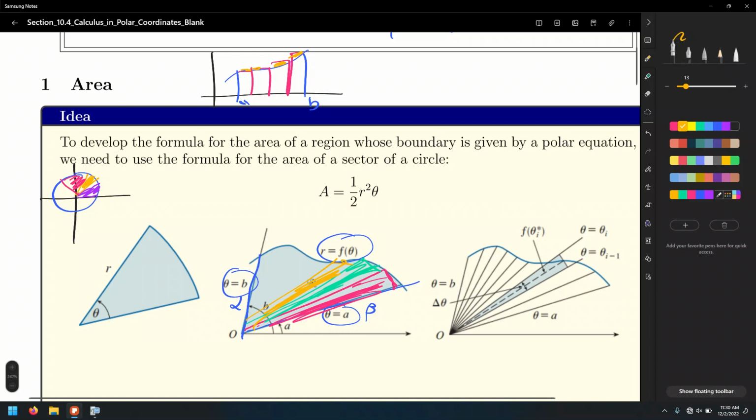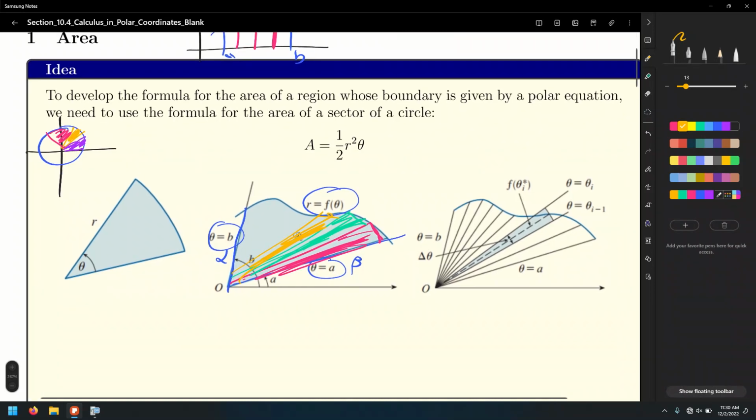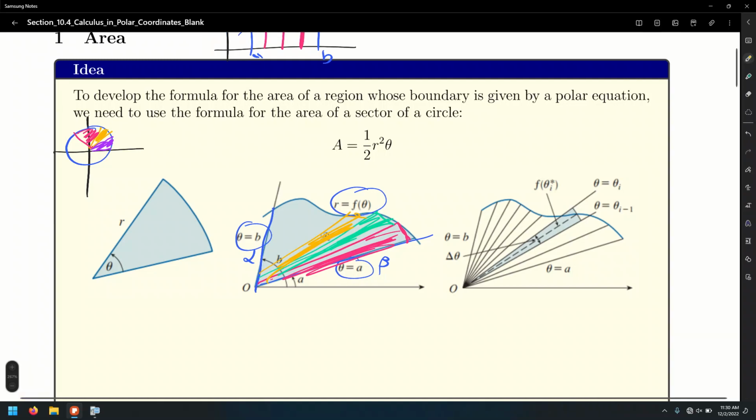Partitioning this region into infinitely many, but this time circular sectors, not rectangular sectors, right? This sector is going to go from the angle alpha to the angle beta, which describes the delta theta.